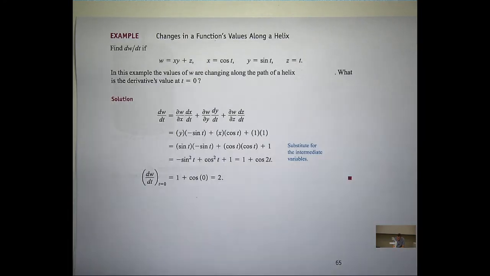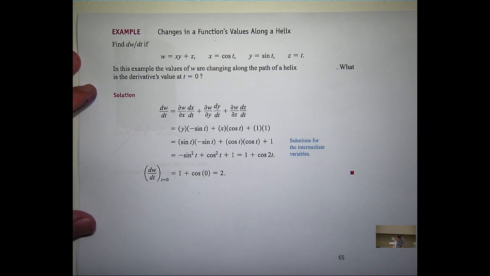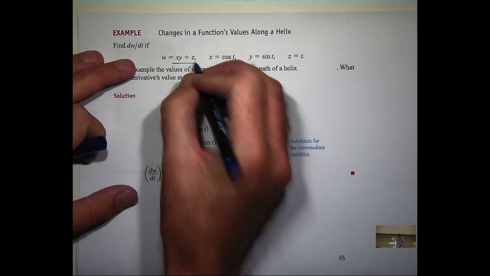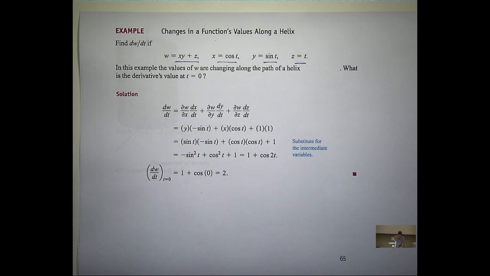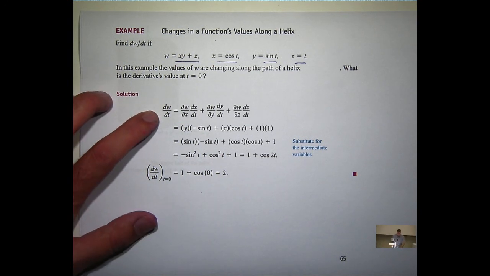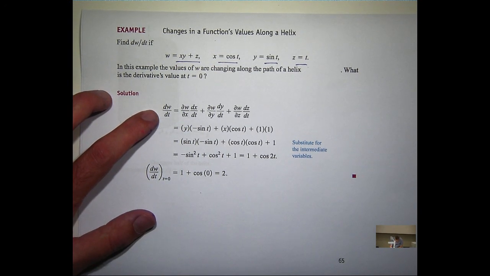All right, here's an example that I've created earlier. Function of 3 variables. Each variable depends on t, one variable. So here they've calculated dw dt just by using the chain rule.